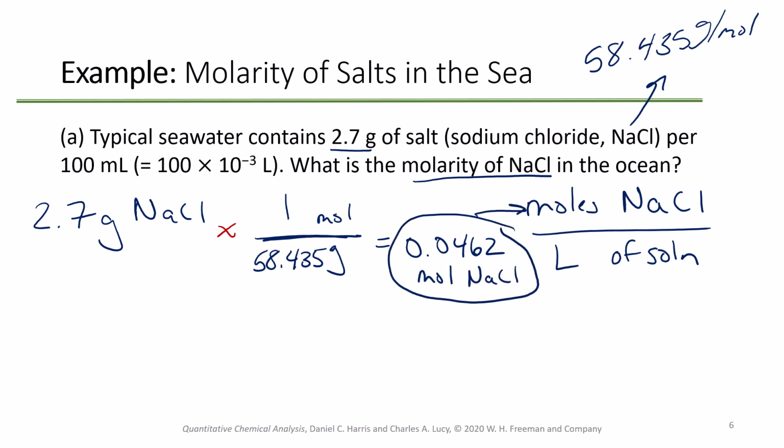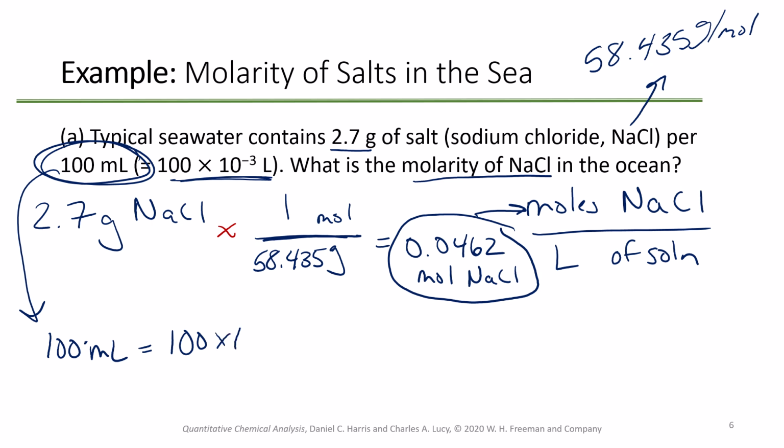Now let's figure out the bottom number. They give us a volume here. They give us 100 milliliters, but I can't just plug that in because down over here it's in liters. That's the same thing as writing 100 times 10 to the minus 3. So they were nice enough to give that to us. If you ever needed to convert that, you would just do 100 times 1 liter divided by 1,000 milliliters.